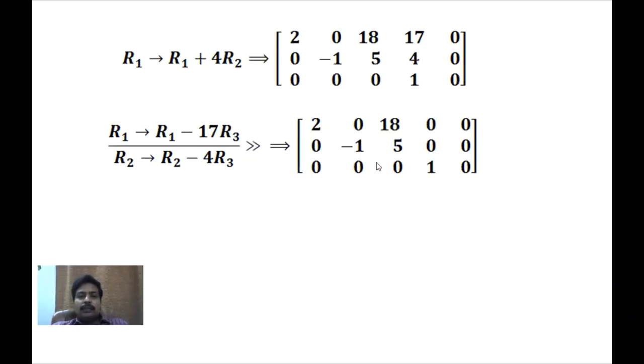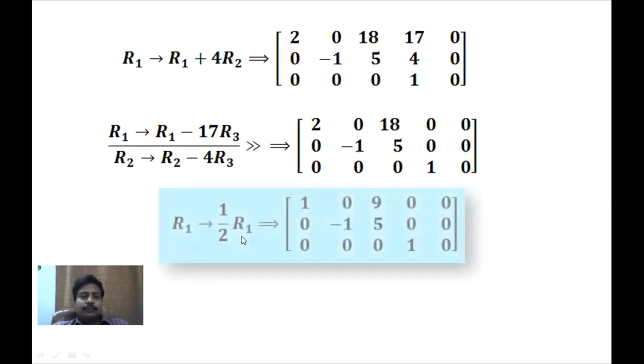To convert this matrix into reduced echelon form, here it is 17, that's why R1 goes to R1 minus 17R3. Here it is 4, so R2 goes to R2 minus 4R3. So the third row is as it is, the first and second rows are converted as per these rows.